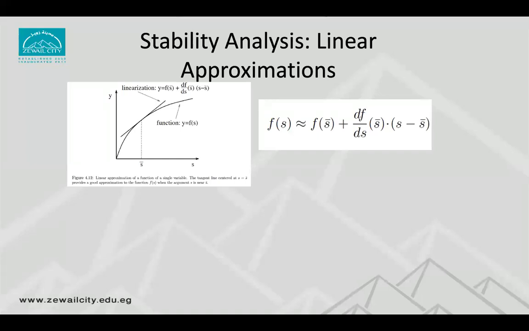To simplify that, we can take a linear approximation. We can define a function that describes, let's say, the concentration of one element, in terms of the value of the function at that point in phase space.